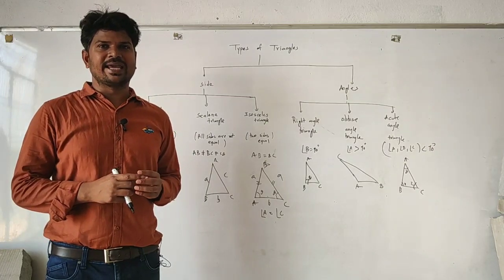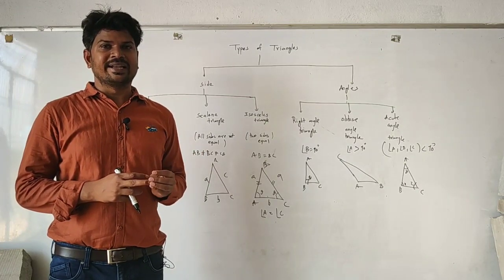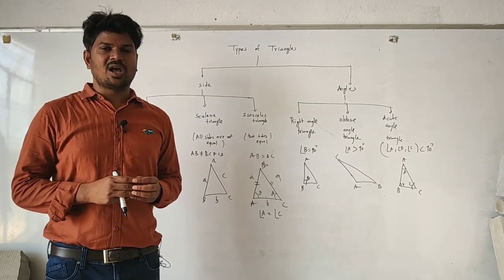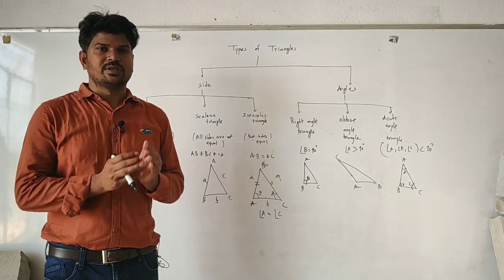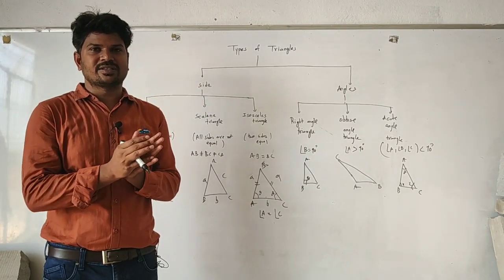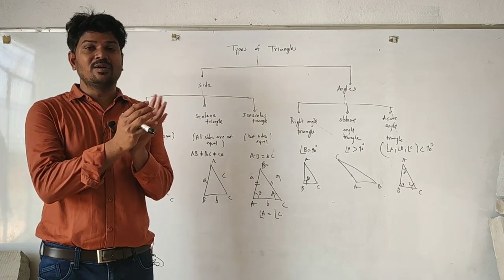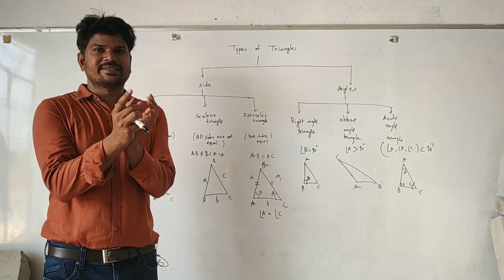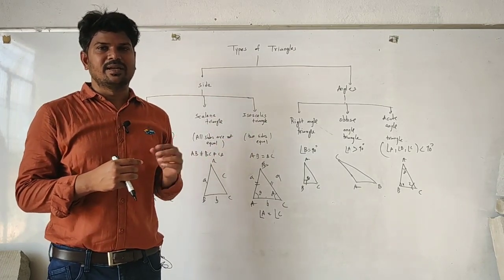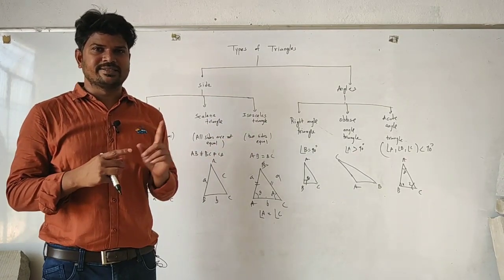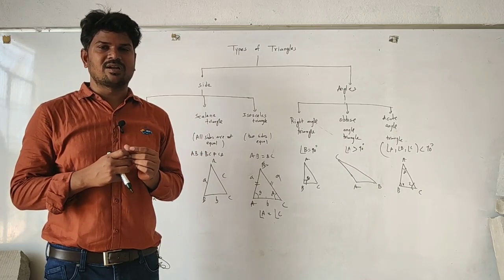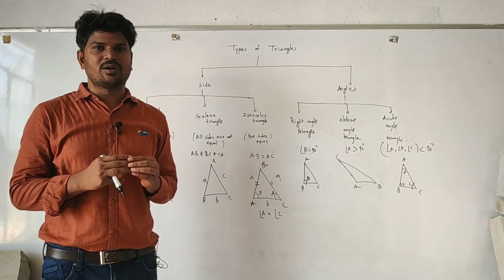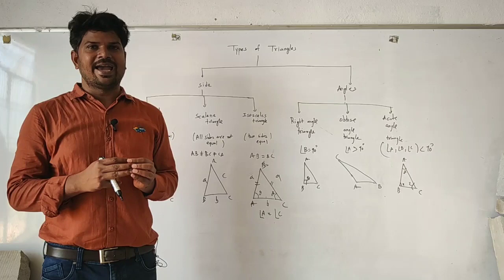If any one angle in a triangle is greater than 90 degrees, then it is called obtuse. It will be greater than 90 degrees, that's why it is called obtuse. An obtuse angle will have a greater side also, because as I told you, a greater angle will form a greater side. Similarly, the third one is called acute angle. Here, if all of the angles are less than 90 degrees, then we call it acute angles.